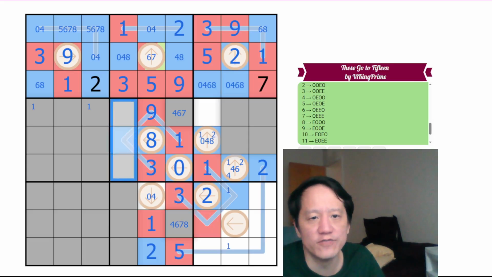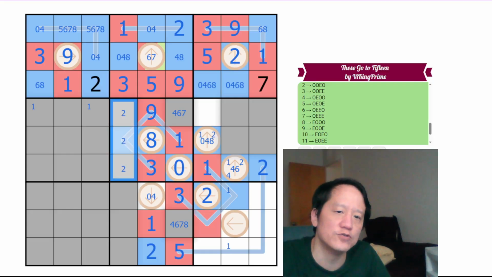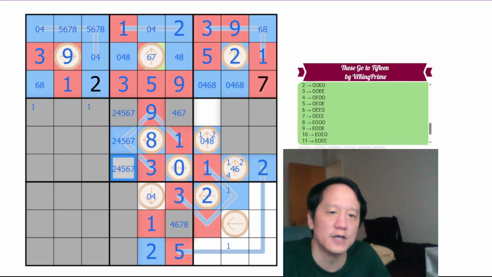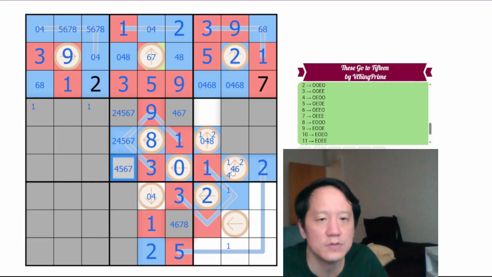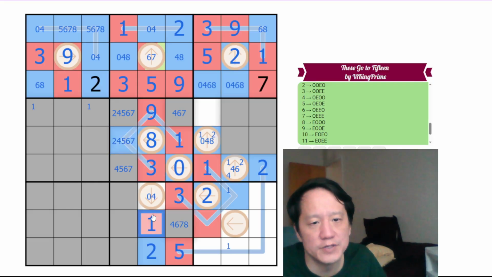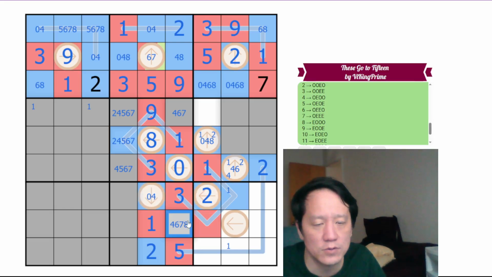Remaining digits of box 5. We have 2, 4, 5, 6, 7. And this can't be 2. This is odd, blank, blank, odd. We don't know. So this is even in value. We have even here. We have 4 evens already here.